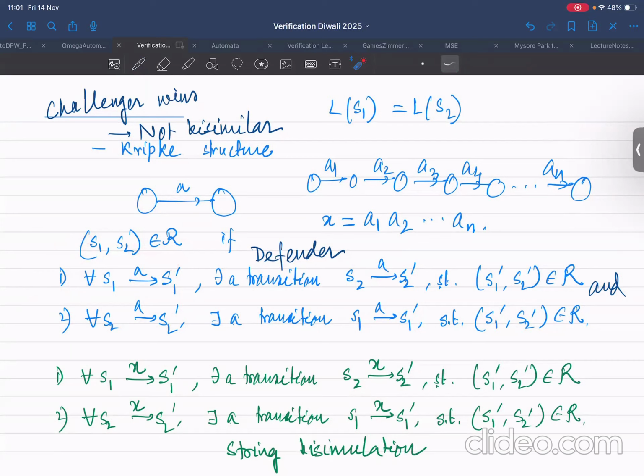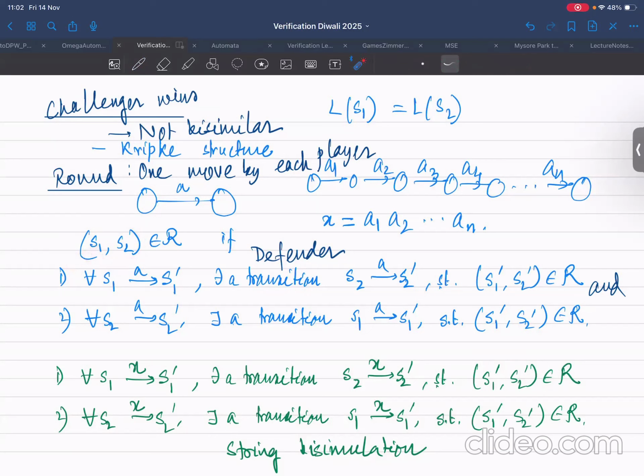At every configuration, after every round of the game, where by a round I mean a move of the challenger as well as a move of the defender, one move by each player, first the challenger, then the defender. For every configuration, which is what I call a configuration where the round starts, the challenger can either choose this side or this side.